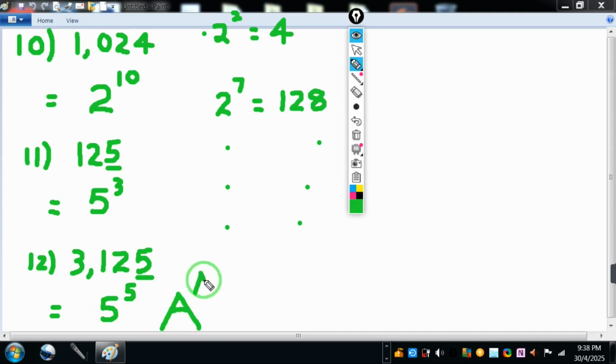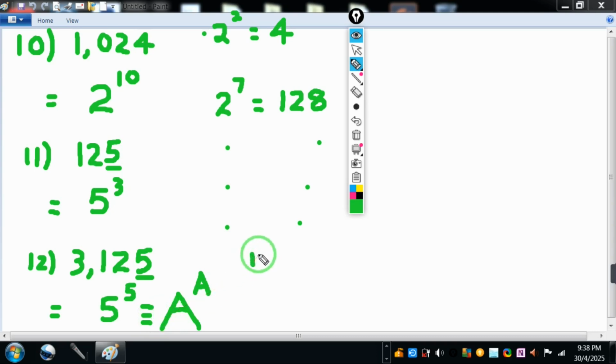But if you put A, you must put back capital A. Cannot be small a, because the A are the same. So it is in this form. Yes, 5 to the power of 5. So A to the power of A. Similar form.